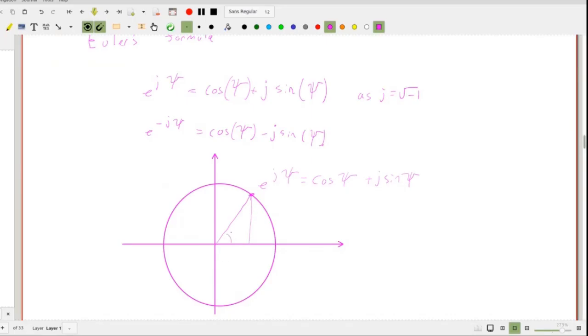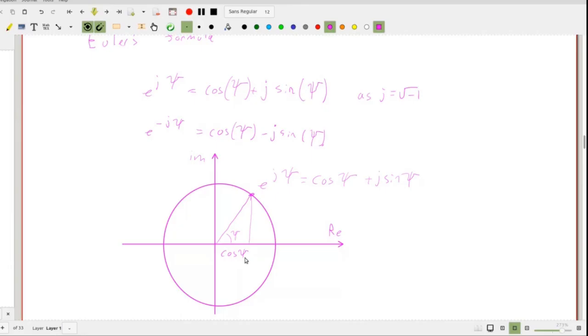So if this is ψ here, what's this bottom portion going to be? It is real, that's correct. But what's the length of it? Yeah, so the cosine of ψ.